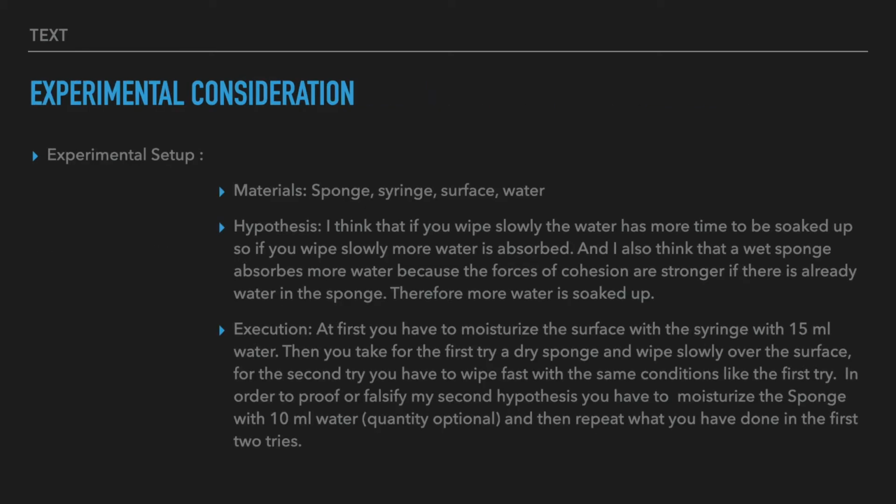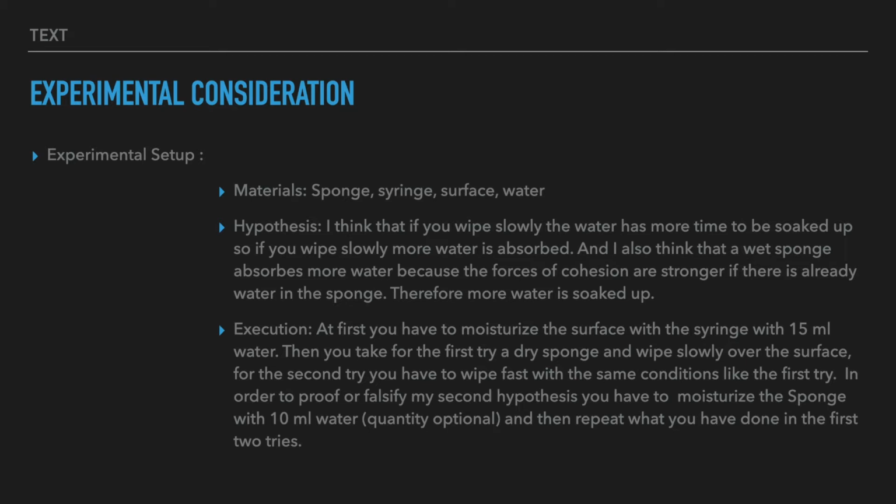Now for the experimental considerations. For the setup, we at first need the materials. Of course we need a sponge, something where we could regulate the water we pour onto a surface, for which I used a syringe. We need a surface and we need water. And I thought I need a hypothesis so that I could make some statements and then prove or falsify them.